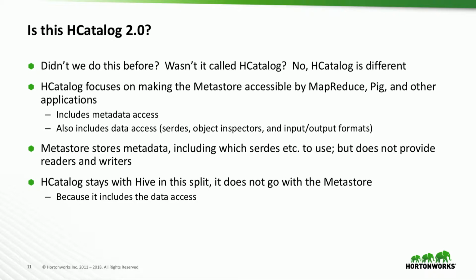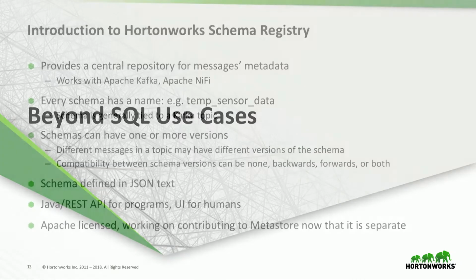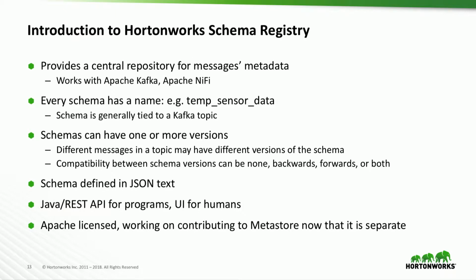All right. Now, let's talk a little bit about the streaming stuff I talked about and how this helps us move beyond just SQL use cases. Right? What can we do here that we couldn't do before? And I want to start by introducing a project that Hortonworks has been working on for a while, which is a Hortonworks schema registry.